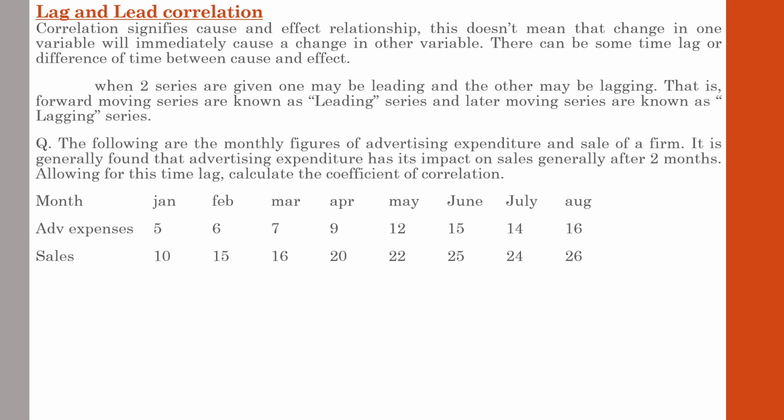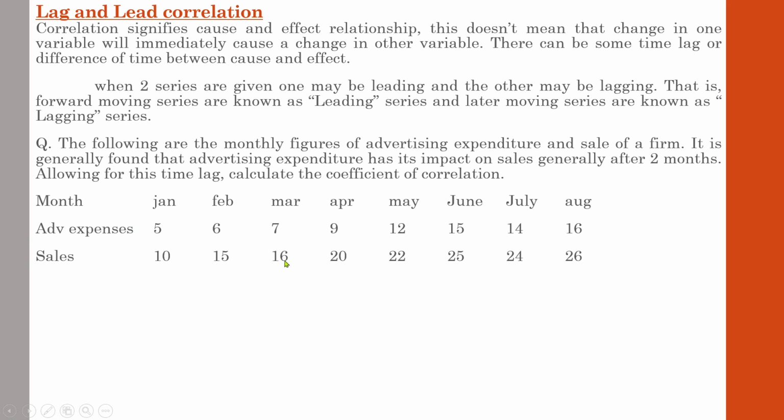So the rupees 16 earned in March is due to the advertisement spending made in January, because in January 5 rupees was spent and the result of that spending was acquired in March.